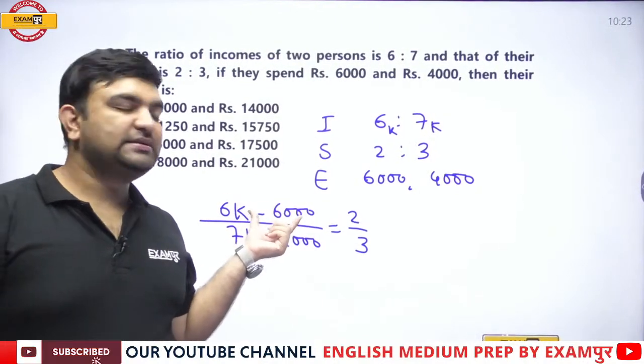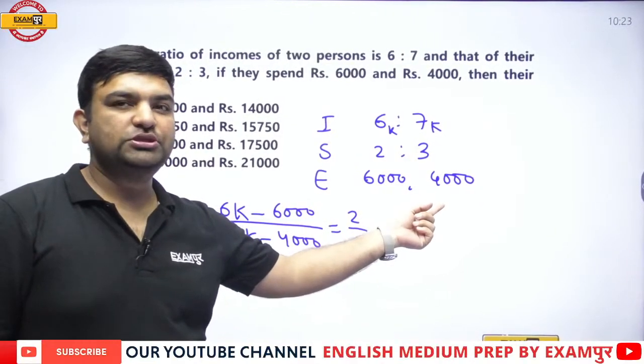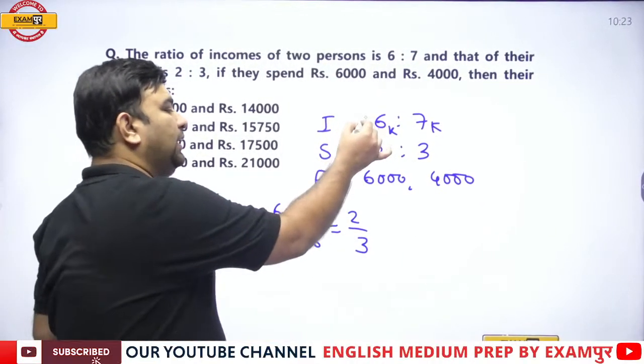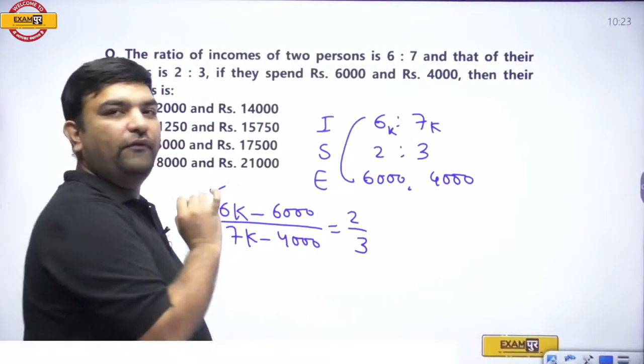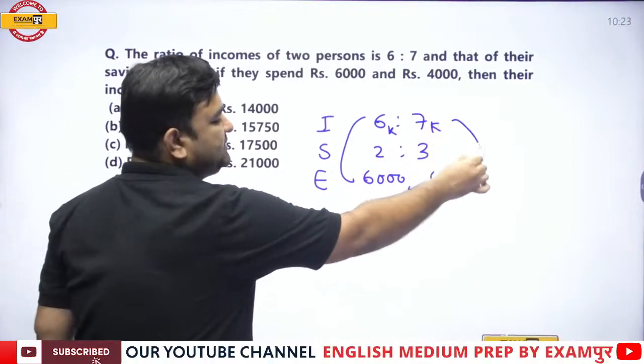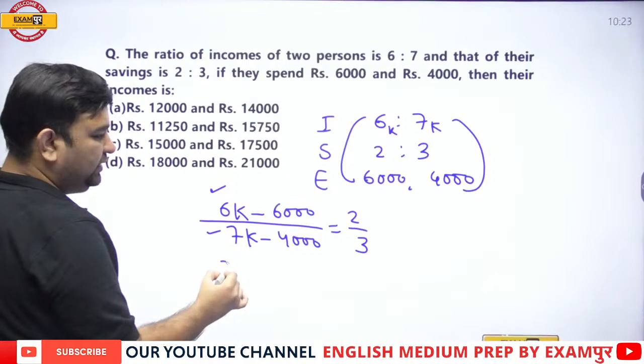So 6K minus 6,000 is the saving of A, and 7K minus 4,000 is the saving of B. Its ratio is given, 2:3.